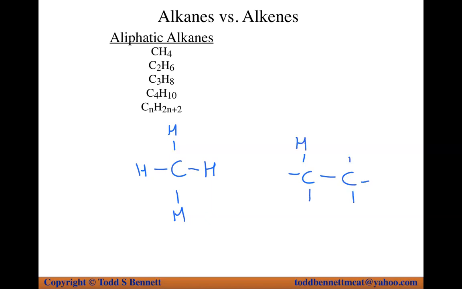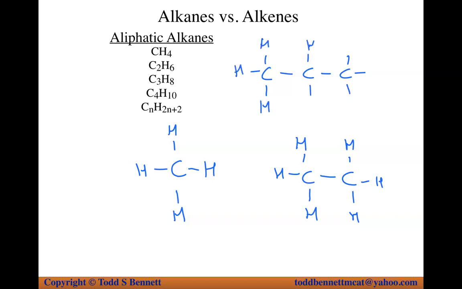So the maximum is 6, 3 per carbon. If I go to 3 carbons, again, they're each making bonds to carbon. The end ones, the terminal ones, still have room for 3 more H's, while the middle one has 2 bonds to carbon, so it only has a max of 2.